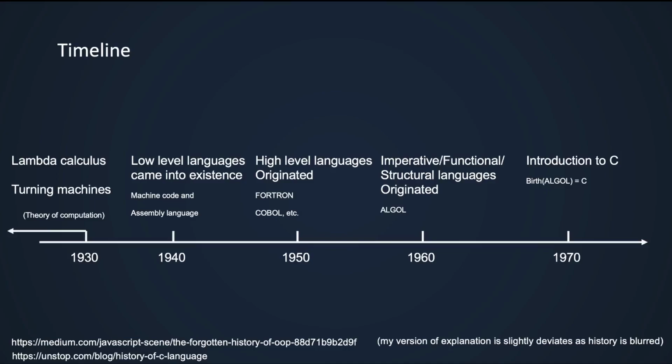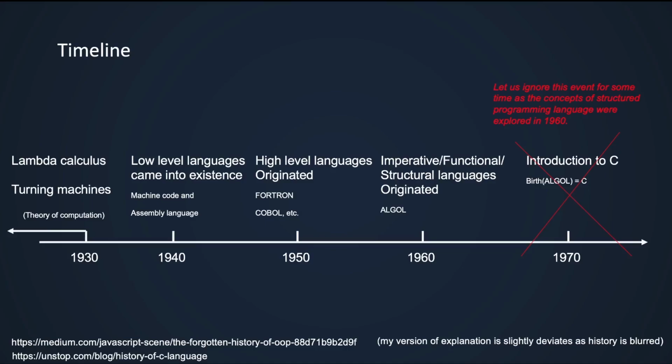For the time being, let us ignore the introduction of the C language because the fundamentals of structured languages had already been investigated in the 1960s. Now let us look at the alternative timeline.